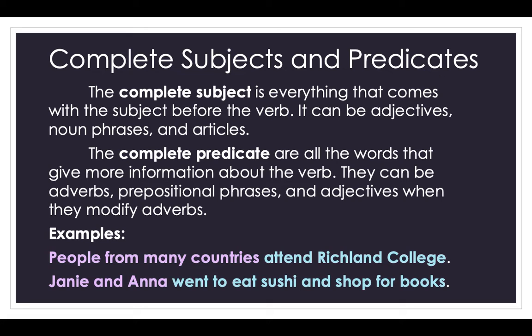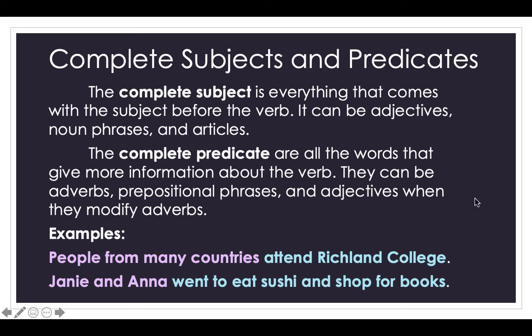The complete subject is everything that comes with the subject before the verb. You could add adjectives, noun phrases, or articles such as the friendly teacher. So in that case, teacher is the simple subject, but the friendly teacher is a complete subject.